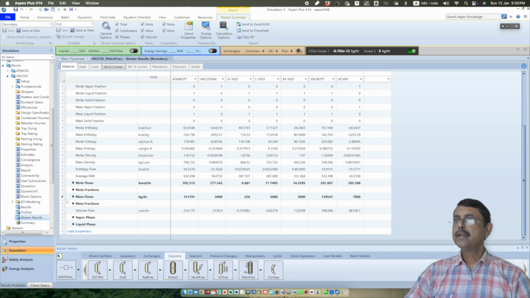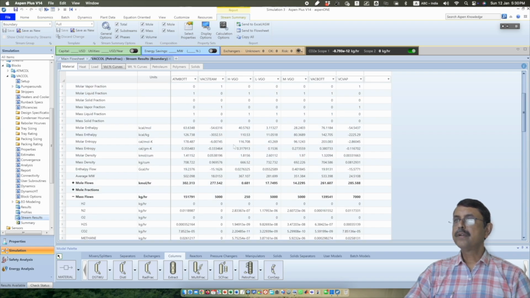Okay. So what is the flow rate of HVGO? We have set. So we have got 250 kg per hour, 5,000 kg per hour. But the bottom flow rate is very high. Right? So bottom flow rate is very high. The vapor flow rate is 7,000.